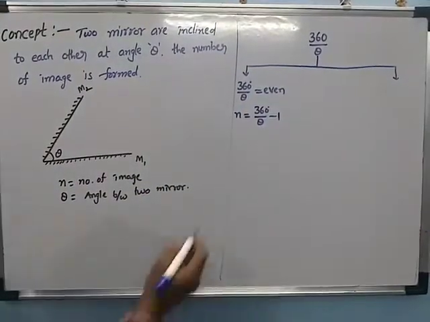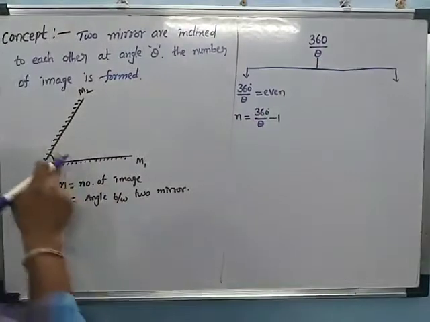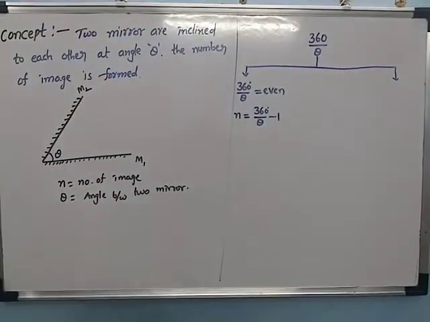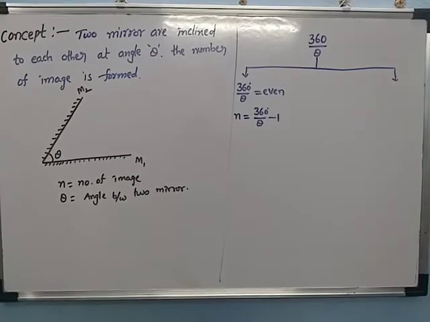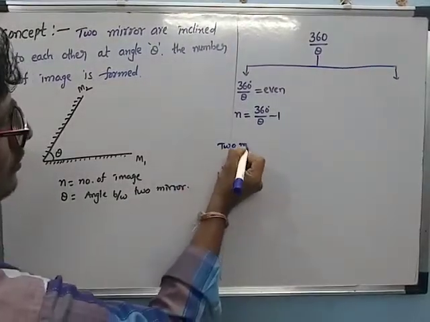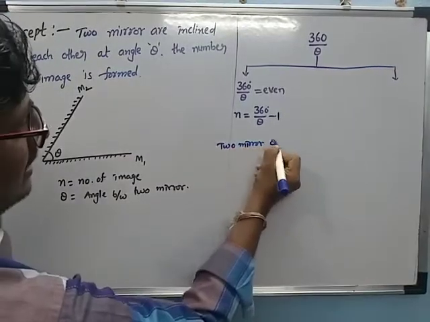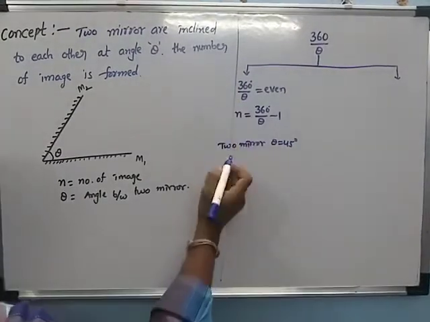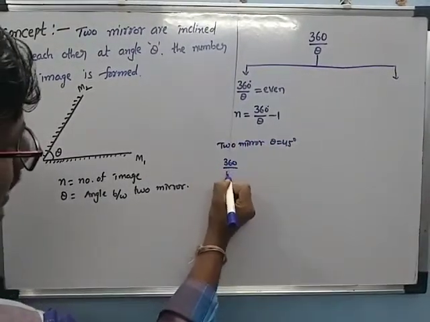For example, say the angle made by the two mirrors is 45 degrees. So theta is equal to 45 degrees. Now we can substitute 45 here: 360 by 45.